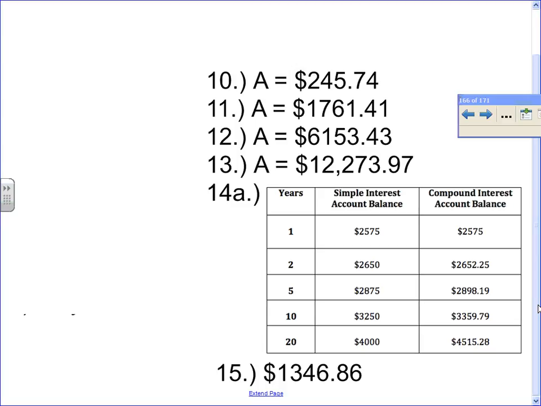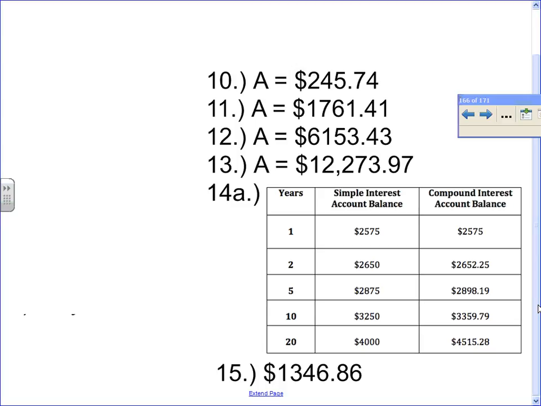If you're talking about the simple account, the account balance for year 10. I just got the interest. That's not right, no. Okay, I would just use the account balance formula, Annalise.